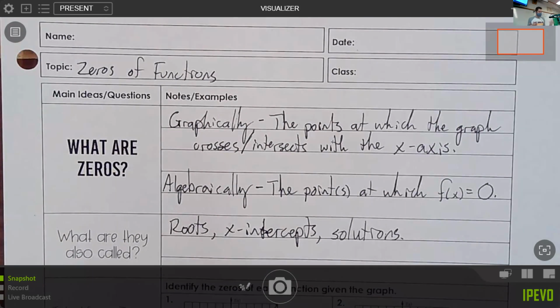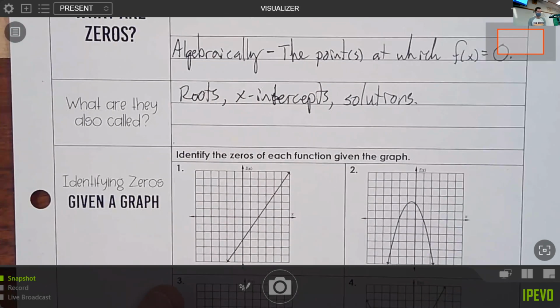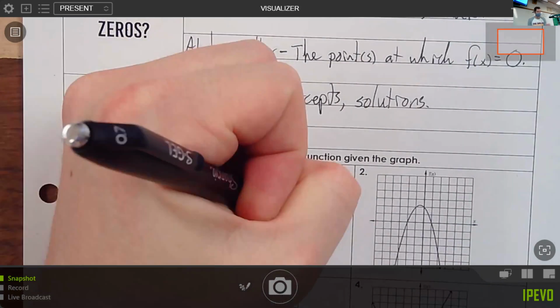So figuring out the zeros of functions, looking at graphs. That's right here. So all we're doing here is we are looking for the point at which the line crosses the x-axis. Well, here's our x-axis.